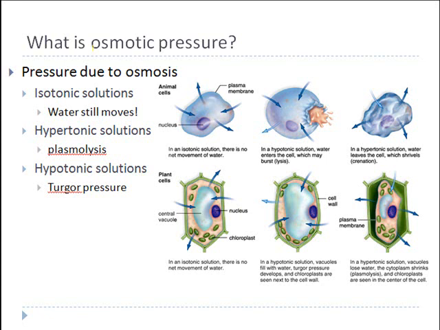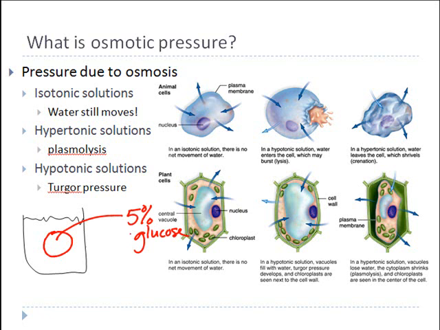Now, let's imagine that we put a cell into a solution. Let me draw this for you, that'll be better. Imagine we've got a beaker here with water in it, and I put a cell into that beaker. And let's say that the inside of that cell is 5% glucose, and remember again, a solution is made of a solvent and a solute.